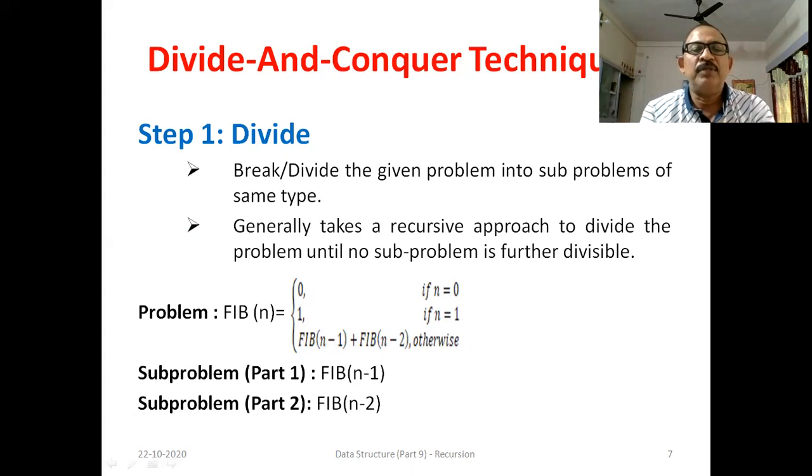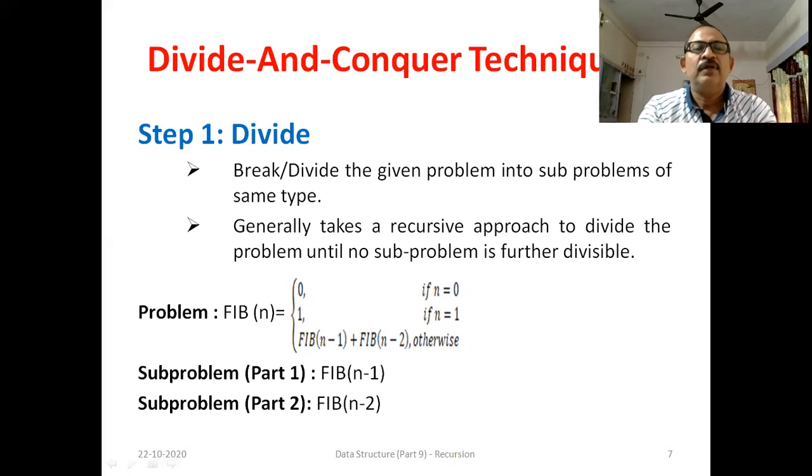And second sub-problem, calculating the fib n minus 2. So in step 1, we break the given problem into sub-problems of the same type. So fib n is equal to fib n minus 1 plus fib n minus 2.